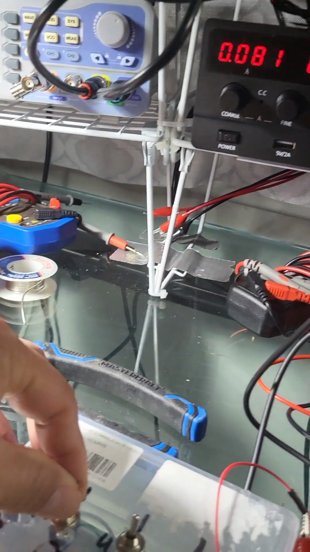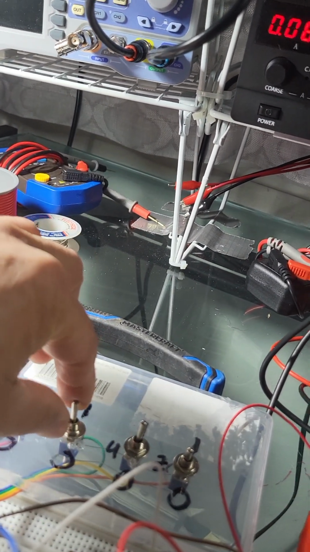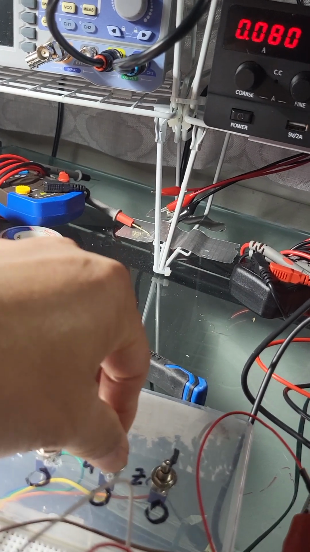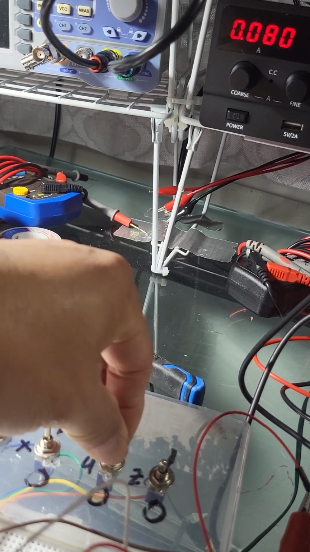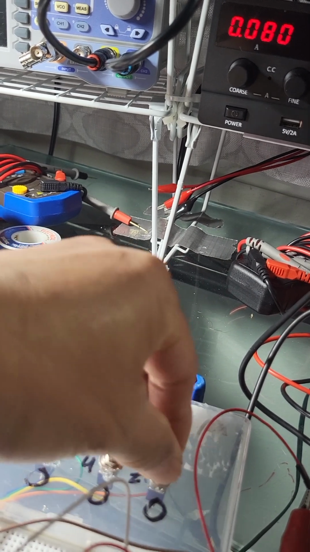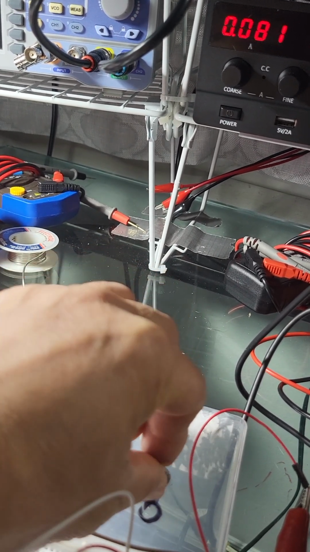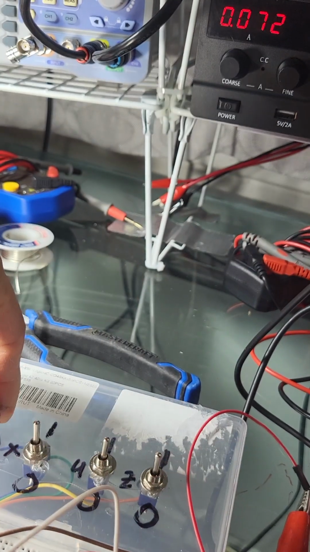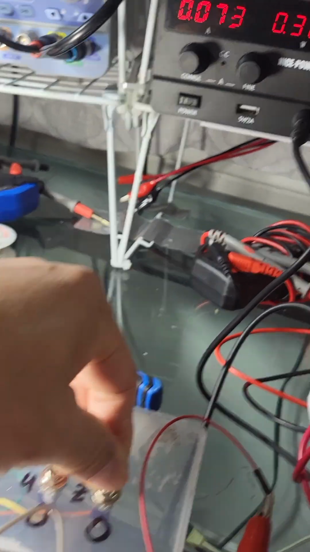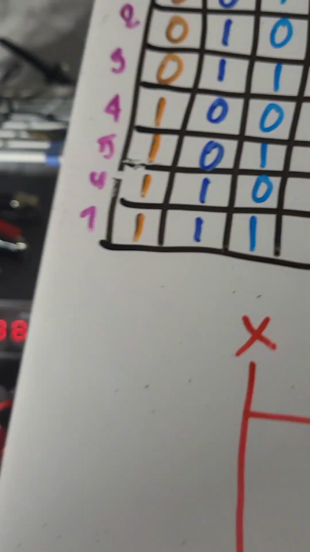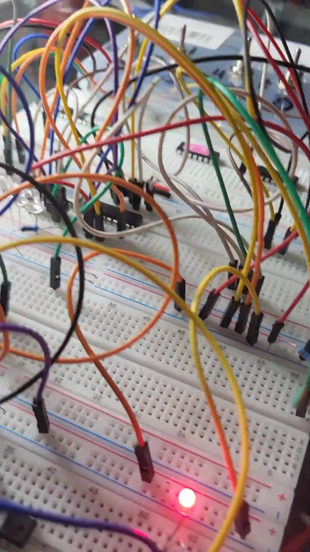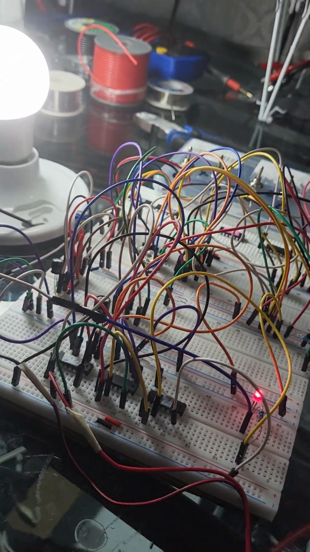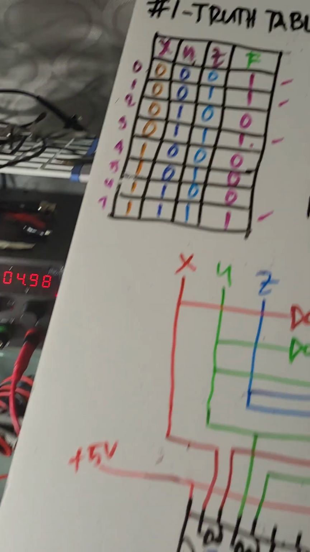So X is already in the 1 position, Y is already in the 1 position, and Z is in 0, so we have to switch it to 1. Okay, so 1, 1, 1. Output is 1. Bingo.